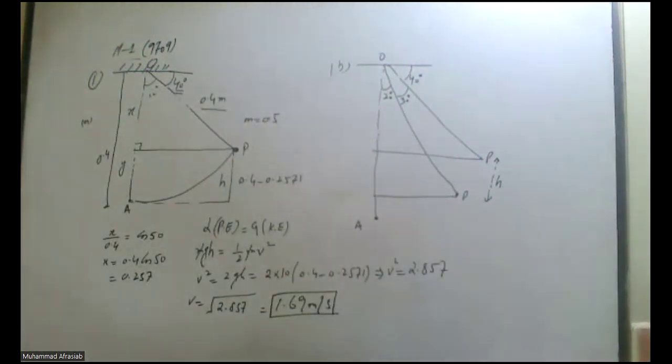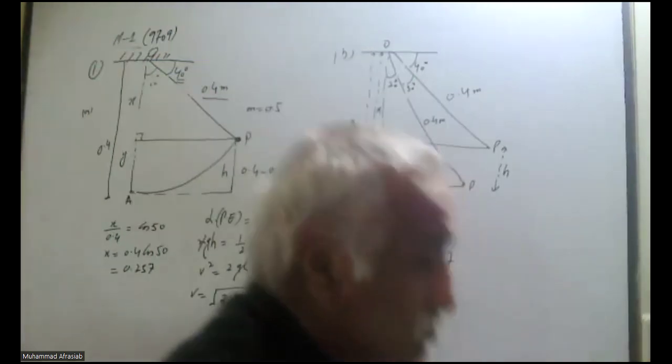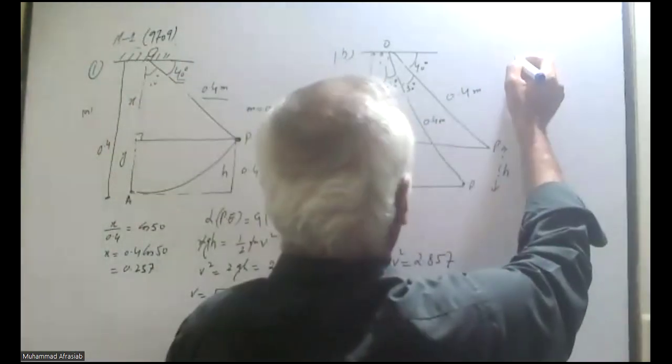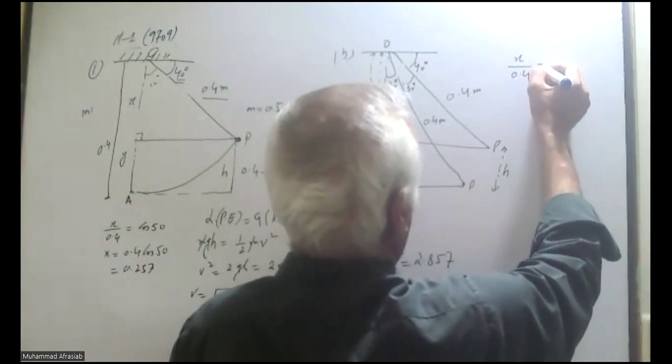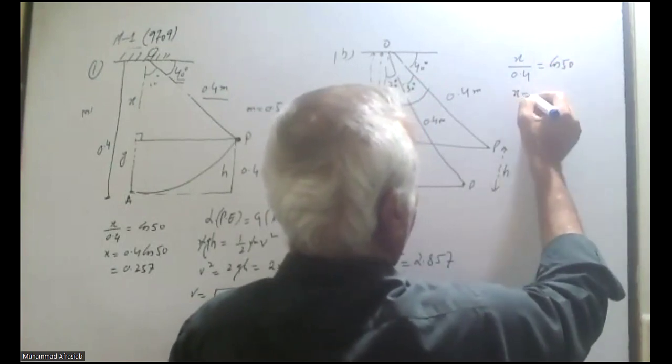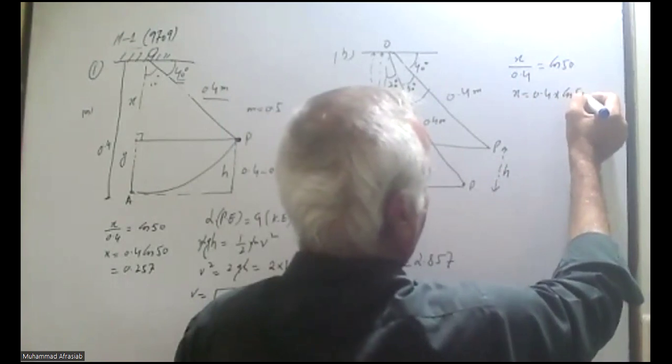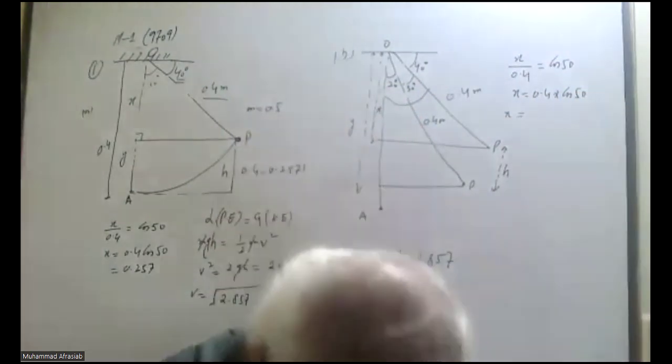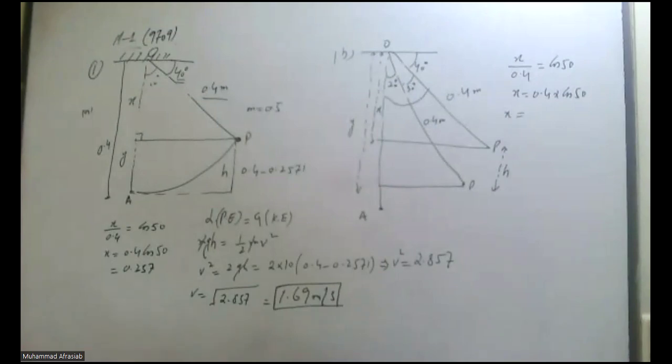So x over 0.4 is equal to, this whole angle is equal to cos of 50, or x is equal to 0.4 into cos of 50, and that value is equal to 0.2571.